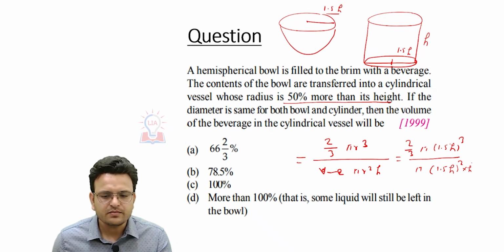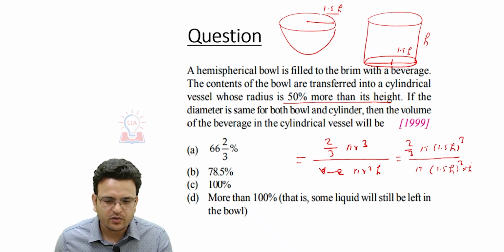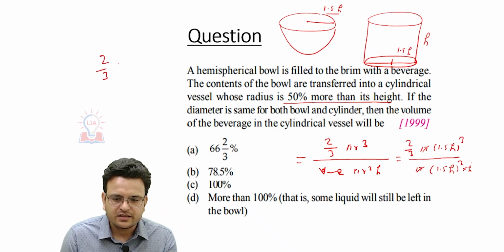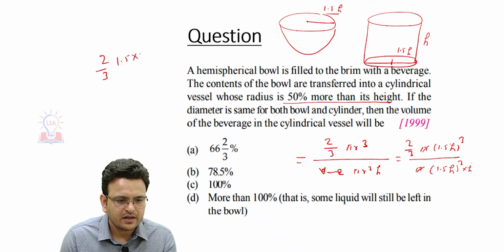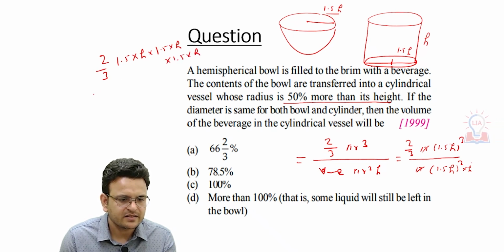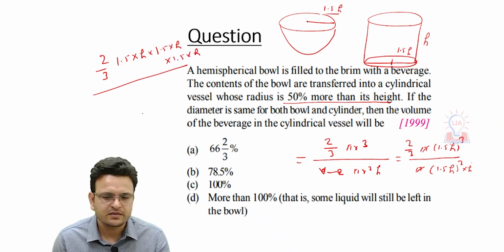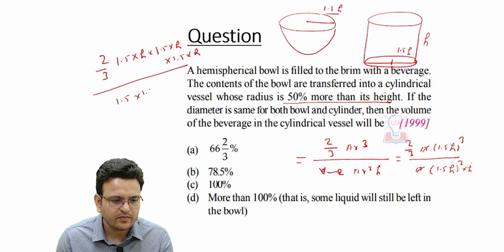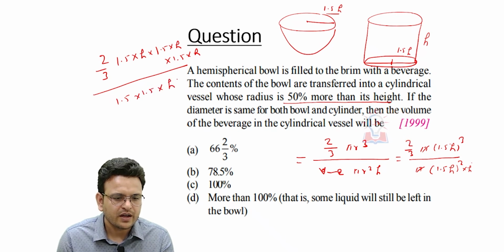So when you are going to solve these two things, 2 upon 3 into 1.5 h into 1.5 h into 1.5 h upon 1.5 into 1.5 into h cube.